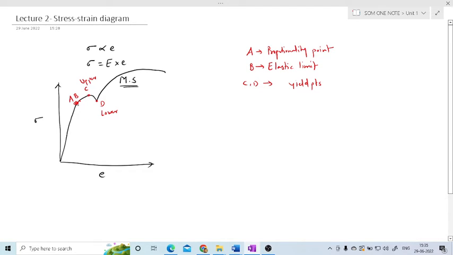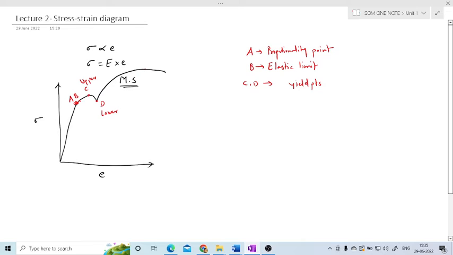Here you can see up to A point, the stress value is more but the strain value is very much less. And after that, the stress value is small but the strain value is more. With a small amount of force, the straining is rapid, and that point is called the yield point. And we observe upper and lower yield points in case of mild steel.